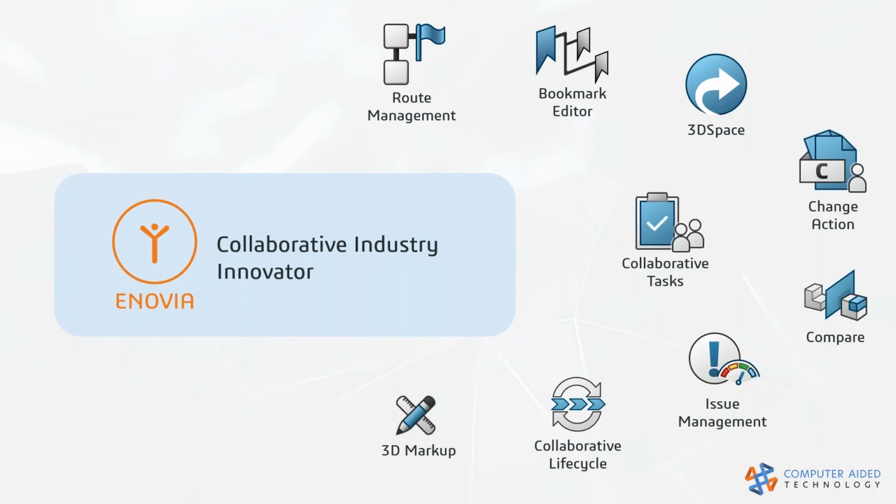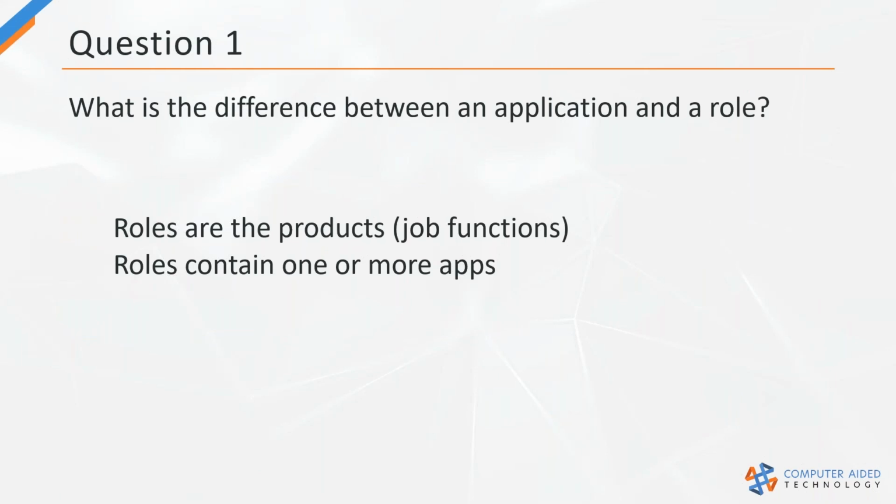It's just strictly for connecting SolidWorks to the database, and it also has an app for generating derived formats locally when you start saving data to the cloud. So you can think of roles as the products, which are the job functions that get assigned to your users, and the applications are contained within the roles.